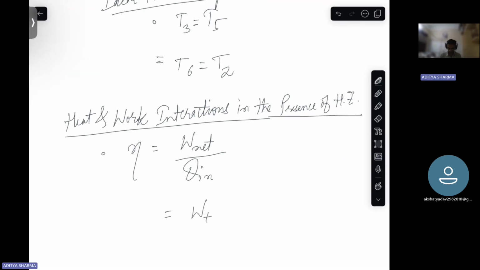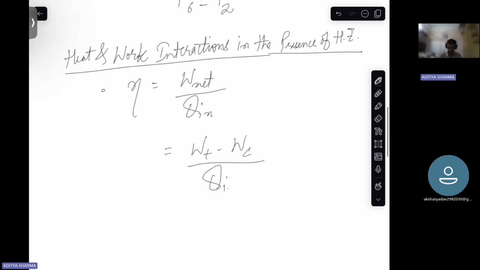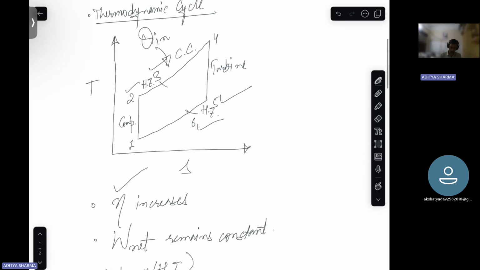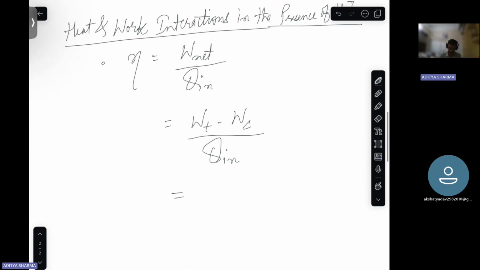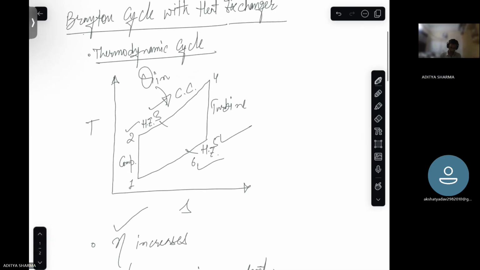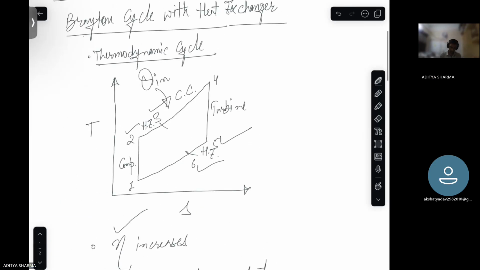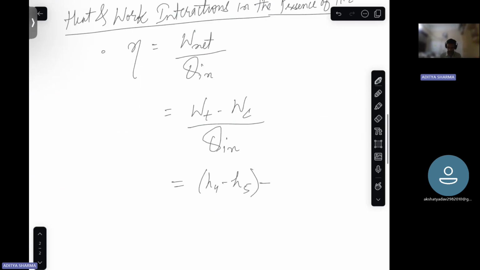W net is work done by turbine minus work done by compressor divided by Q in. So if you see turbine work, this is H4 minus H5, enthalpy at state 4 minus enthalpy at state 5. So this is your turbine work, right? And then for a compressor, this is H2 minus H1.